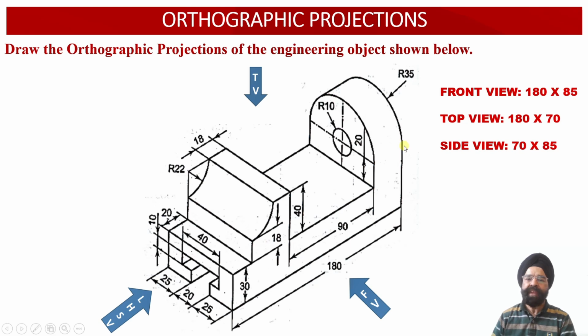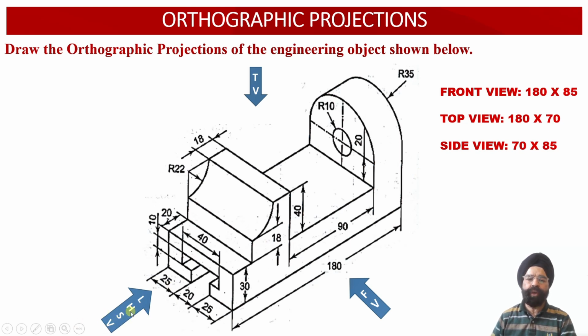Whereas when we look at the solid from the top view orientation, the width of the solid will be equal to 180 millimeter, while the depth of the solid is equal to 70 millimeter. So the top view face will have the dimensions 180 millimeter by 70 millimeter.